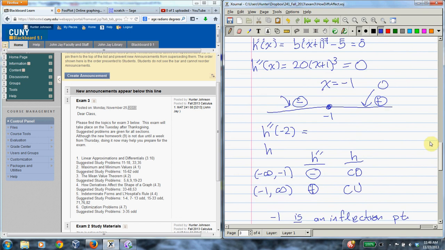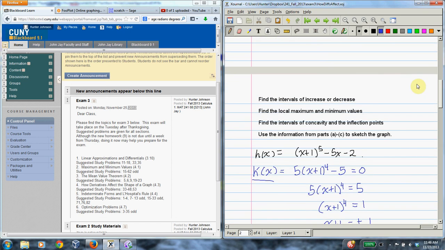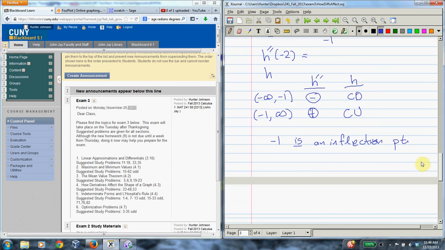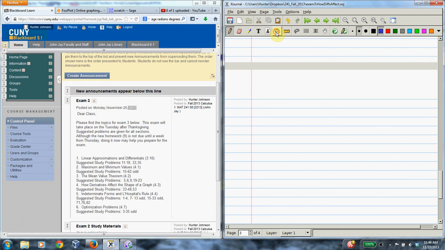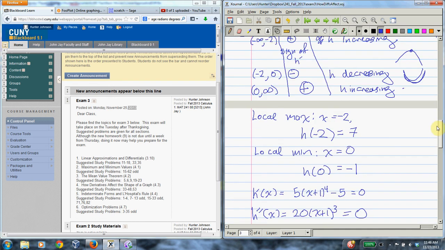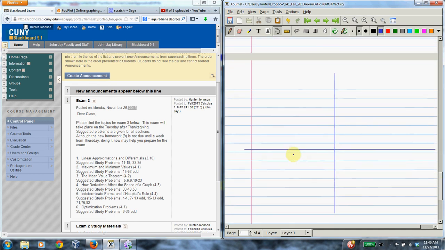Now we have to graph it, sketch the graph. Okay, so let's try it. So here are some axes, and we know some special points. We know that a local max happens at -2. So here's a local max.